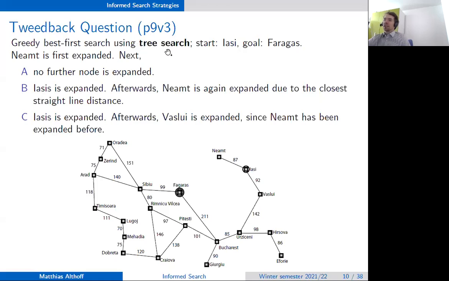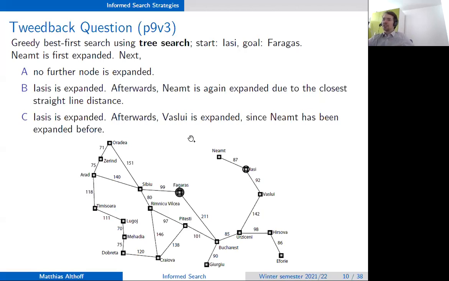So we don't store any explored states in the explored set. And C is Iasi is expanded, and afterwards, Vaslui is expanded. So we go from Niemt to Iasi and then to Vaslui, since Niemt has already been expanded. So this would be C.